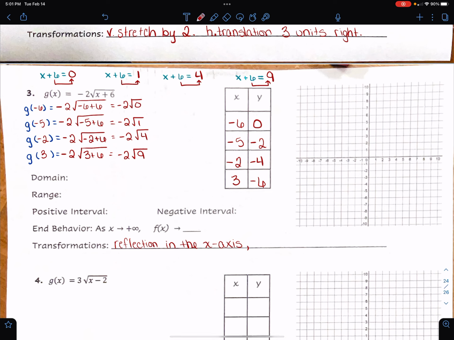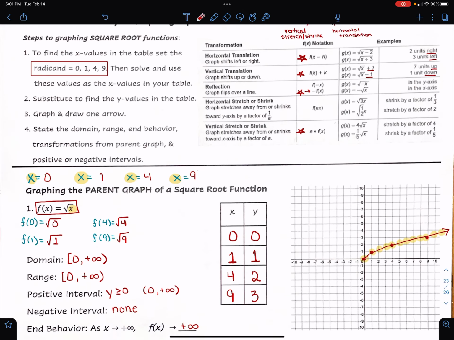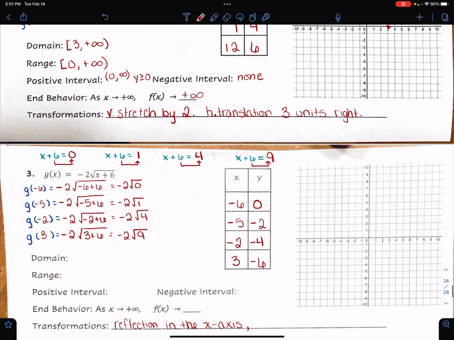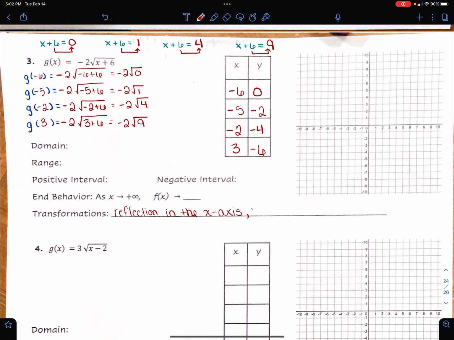The other thing I have is this 2 in front of the radical. So remember, when we have a number in front of the radical, it's going to be a vertical stretch or shrink. Since it's greater than 1, it's going to be a stretch. So it's going to be a vertical stretch by 2. Then I have a positive 6 underneath the radical.